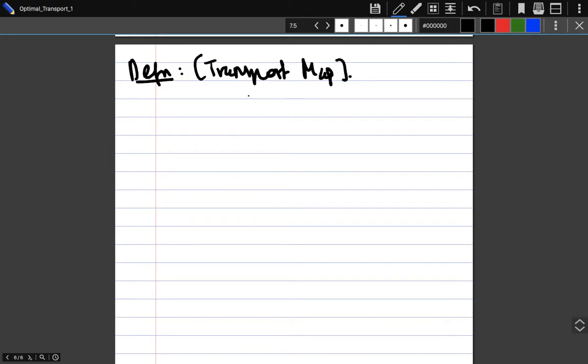And so what are the ingredients? What do we need? Well, you want to move one measure to another. And so you start with a measure mu in the probability space of X, and nu, which is in the probability space of Y. You need a map.